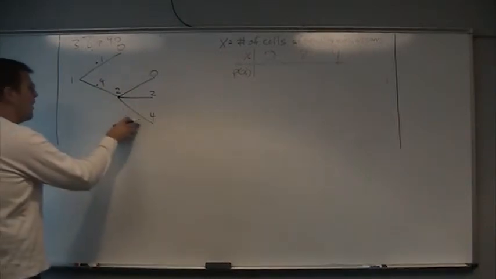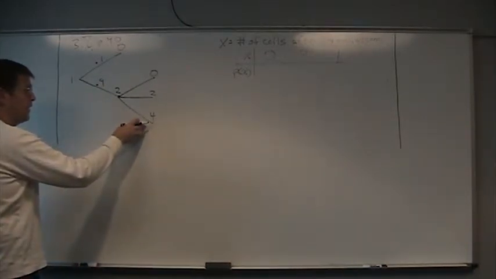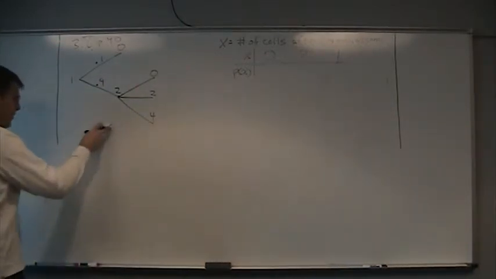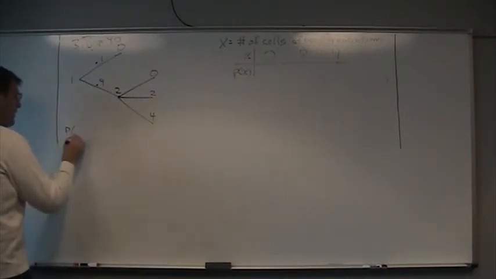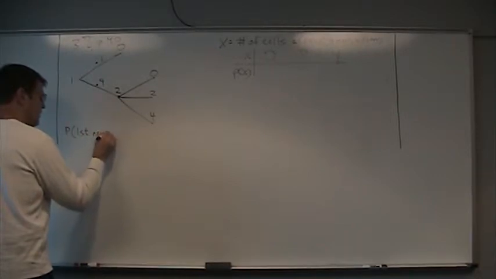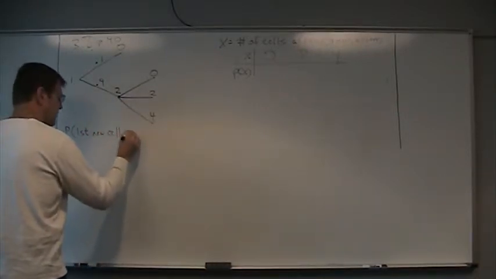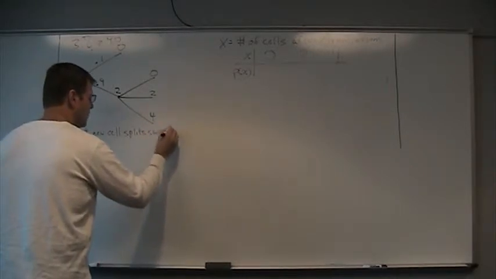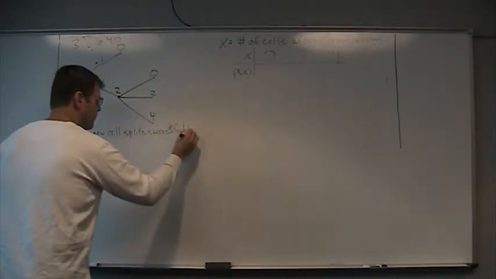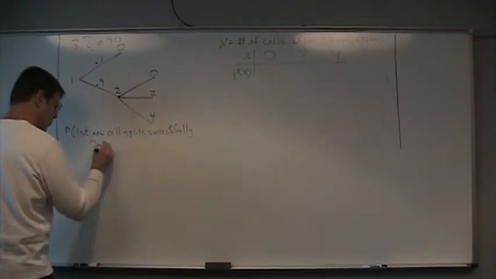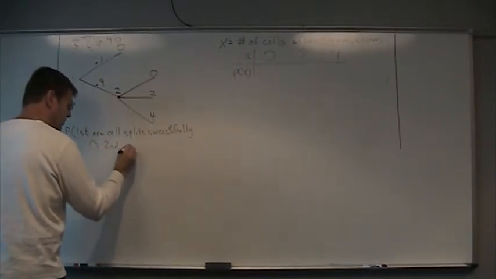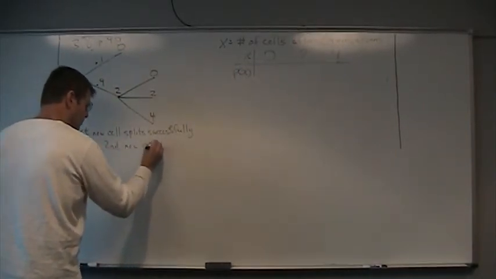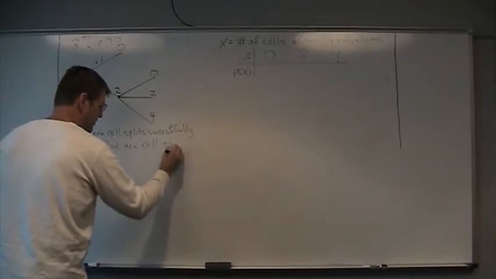So as far as an example here, the case we end up with 4, this is going to be the probability that the first new cell splits successfully, intersected with the second new cell split successfully.